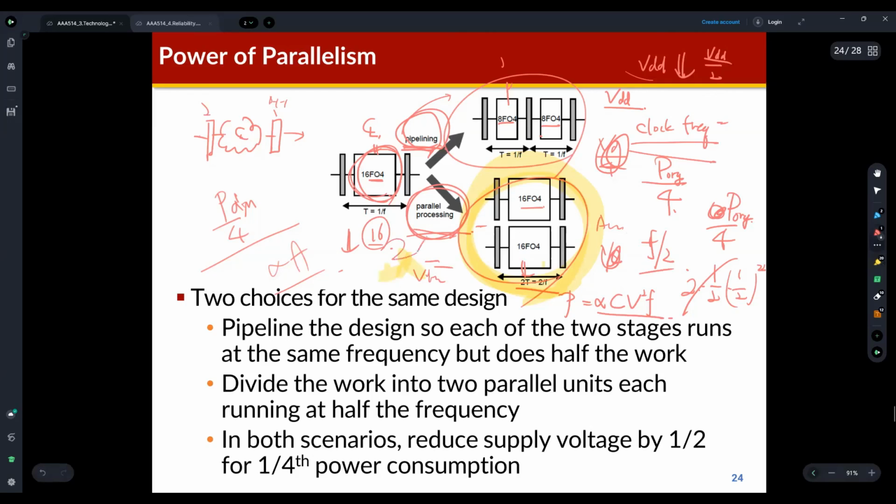The area is increased because the combinational logic occupies 2x area, but with pipelining we just split this combinational logic, so the area is nearly the same. It's also true that we need to add some more sequential logic here, but I am just considering the area of the combinational logic.